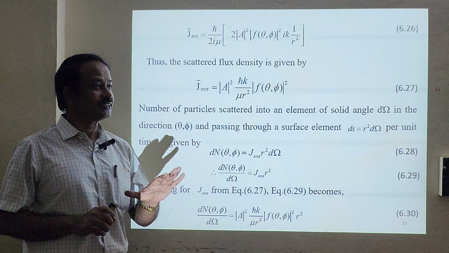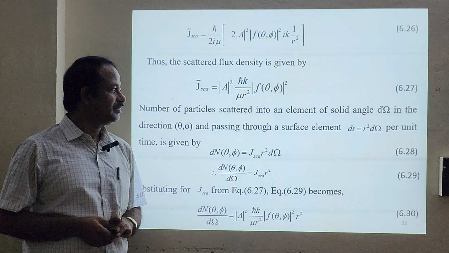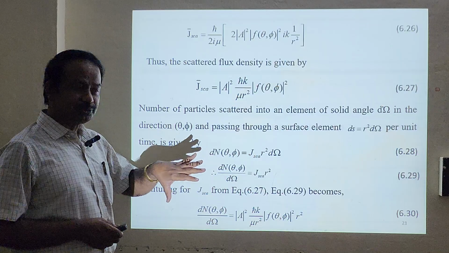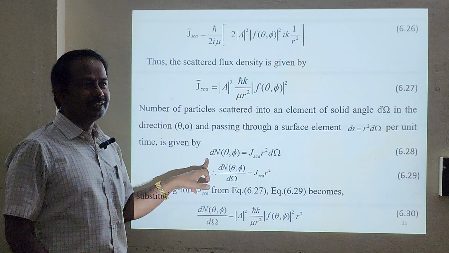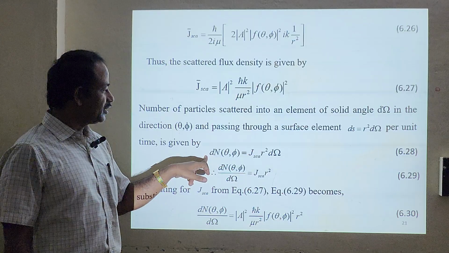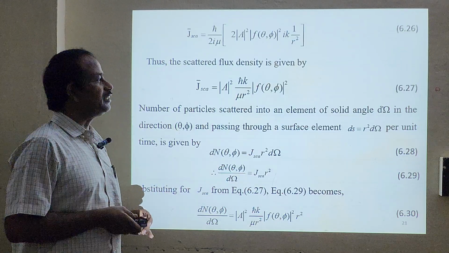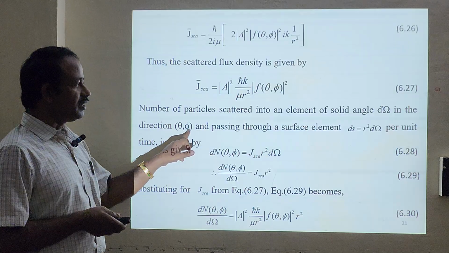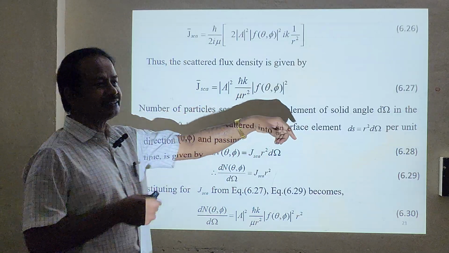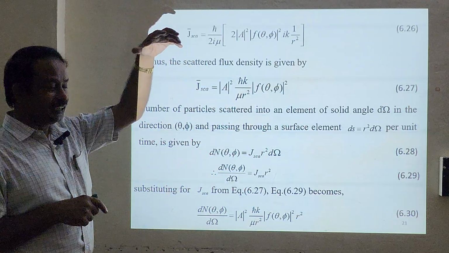It's a very important section B question, as I said earlier. So now we are going to use the expressions which we learnt earlier about dN. Can you remember this one? The number of particles scattered into an element of solid angle d omega in the direction theta comma phi, passing through the surface element dA, which you have seen already in the figure.